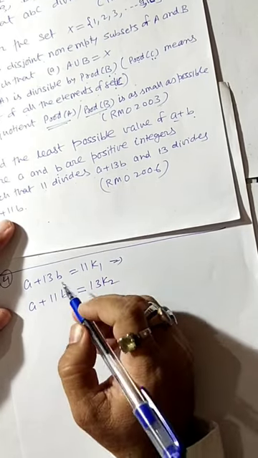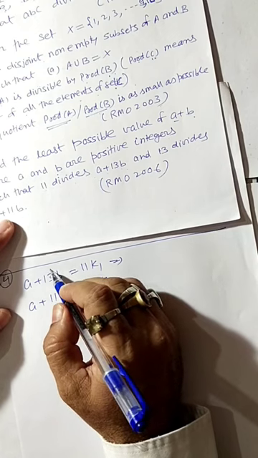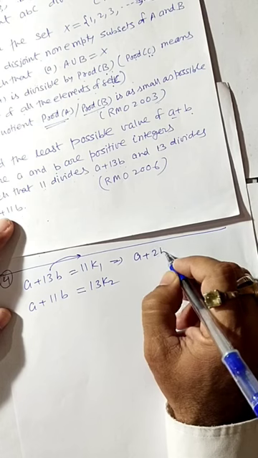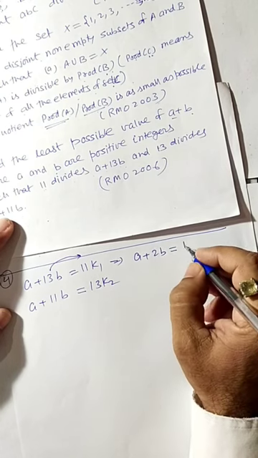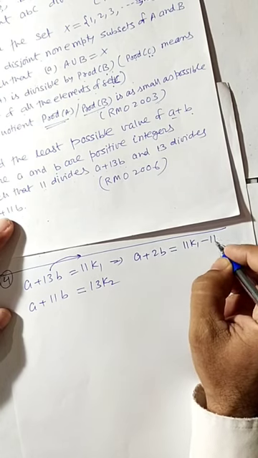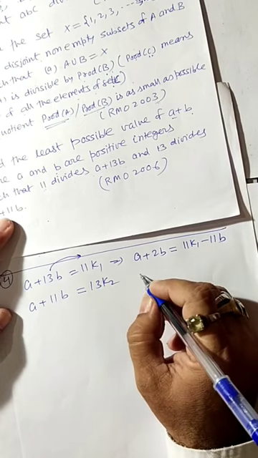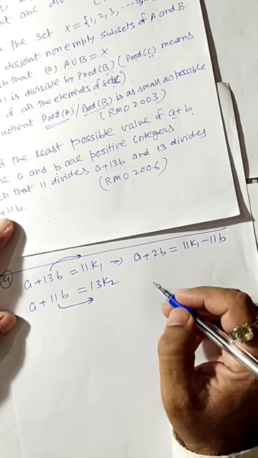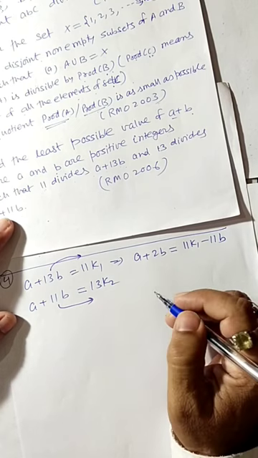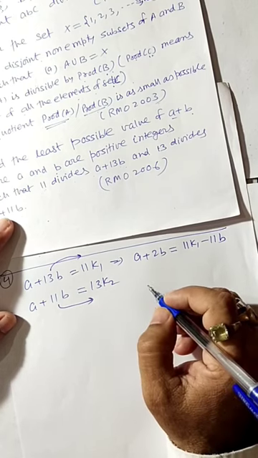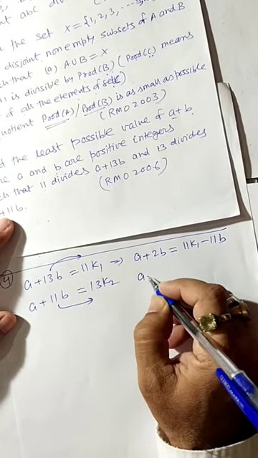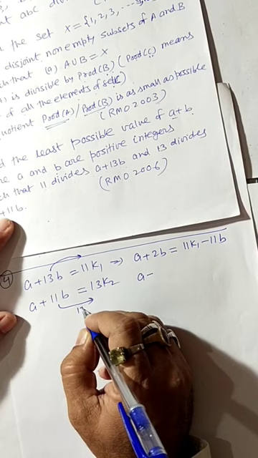Come further. You transfer 11B on the right side. Means A plus 2B equal to 11K1 minus 11B. And from here, you subtract 13B on both sides. So we can get A minus 13B.